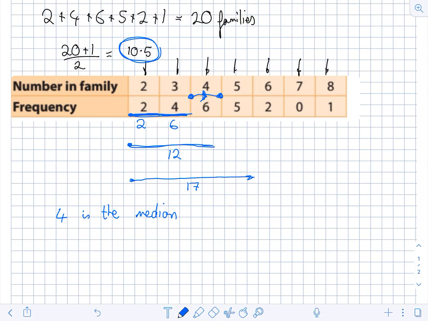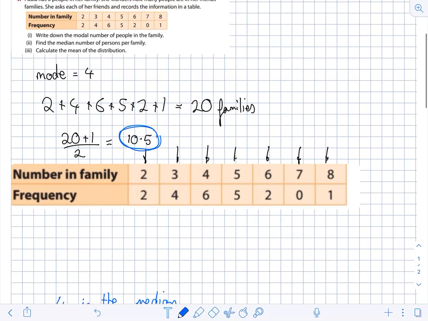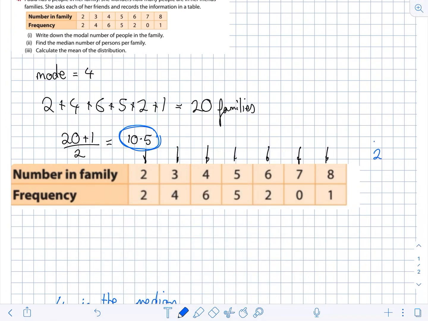Yeah, it's kind of a hard thing to get your head around, I know. I might just rub that out and go at that again, maybe. I didn't explain that very well, I think. Okay, so from doing this calculation up here, we know that the median occurs at 10.5. So if I was to list out all of the families and their numbers, I would start out with 2, 2, then I would have 3, 3, 3, 3.